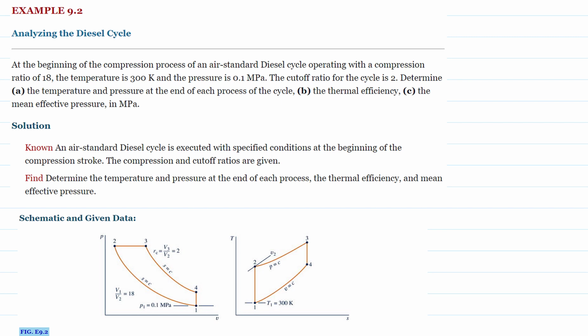The piston cylinder system contains air in a closed system. Air is considered an ideal gas. We are neglecting the changes in kinetic and potential energies of the system. We should know how to sketch the air standard diesel cycle on the PV and TS diagrams.